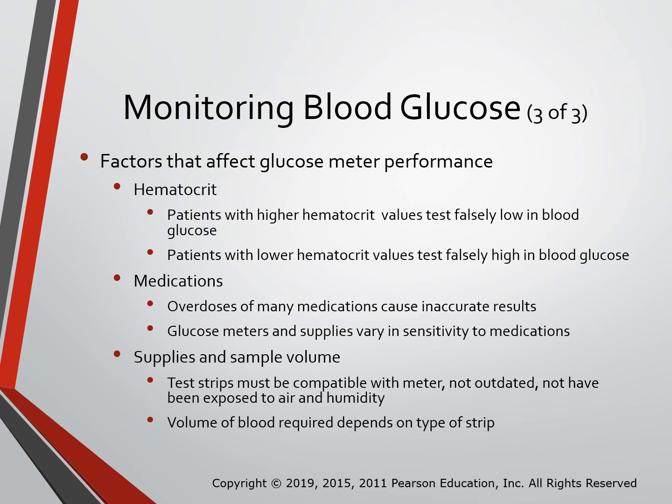And one of the medications, and I always want you to remember this, and students, every time I ask them a year later, they're like, I don't know that. Well, I'm telling you right now, if you're a patient and you're on steroids, your blood sugar is going to go up whether you're a diabetic or not. Steroids cause your blood sugar to increase. So patients that are on steroids, especially IV steroids in the hospital, they need to have their blood sugar checked.